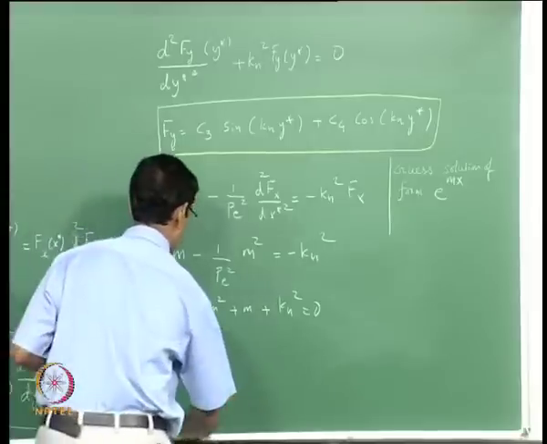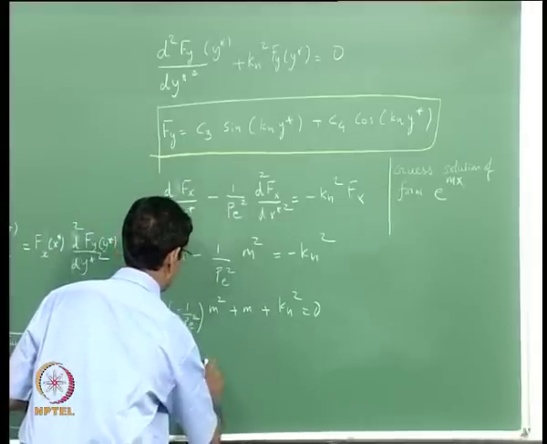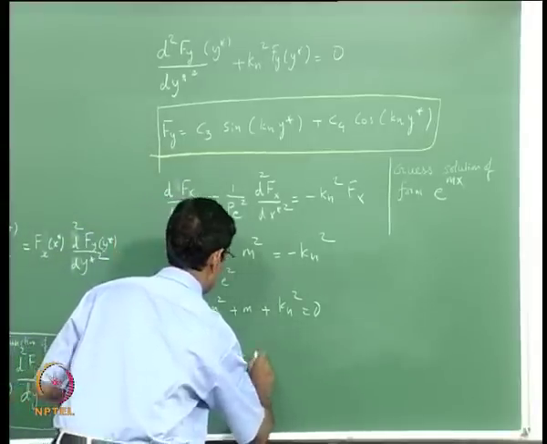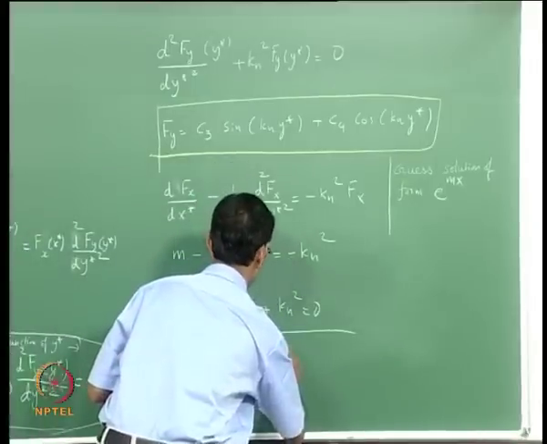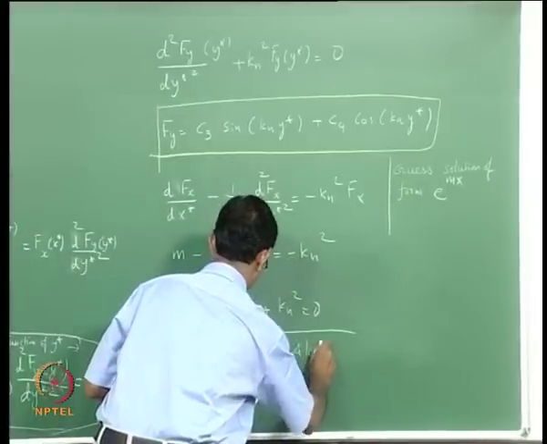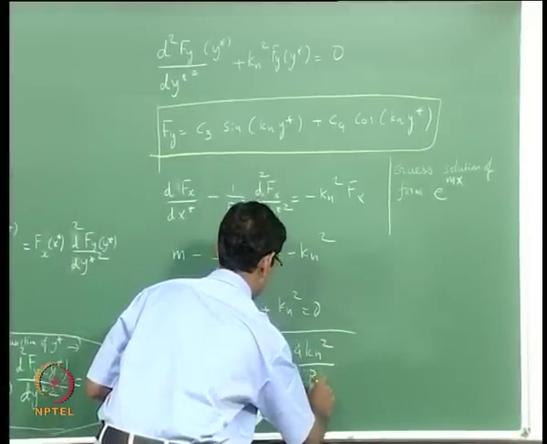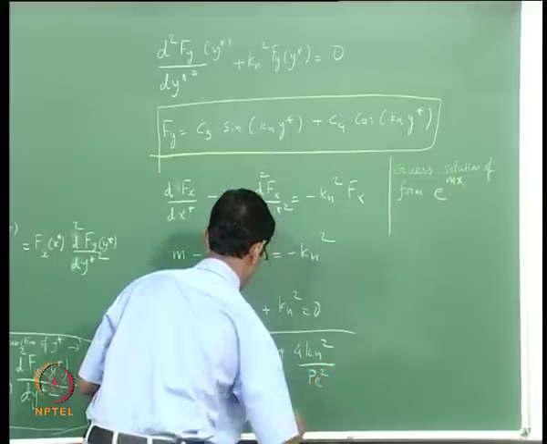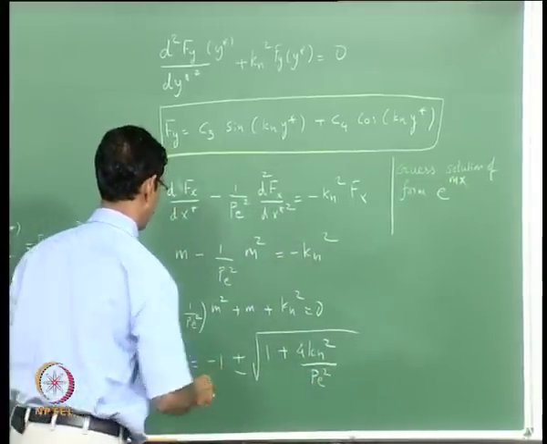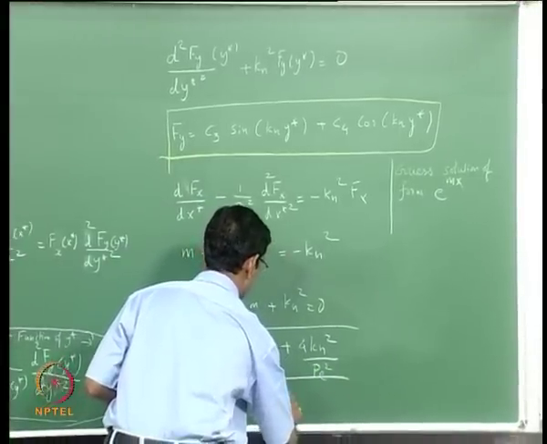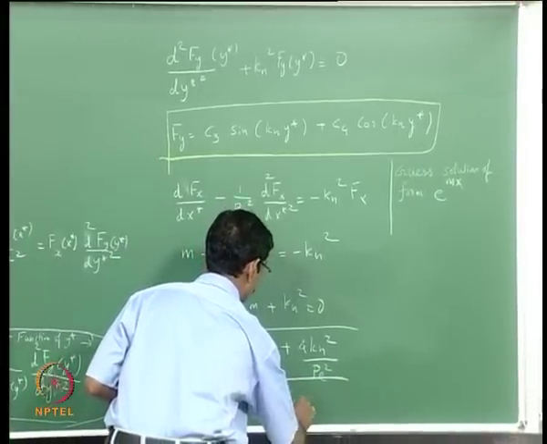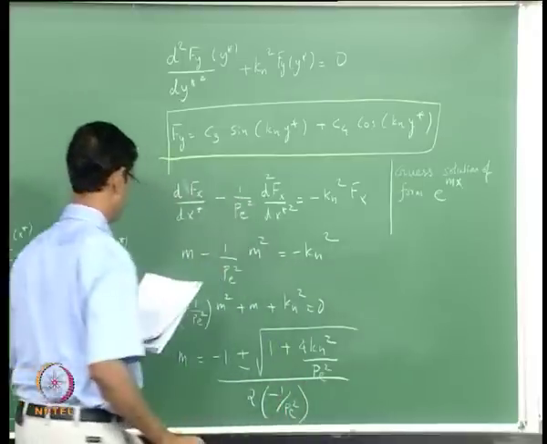So m equals minus 1 plus or minus root of b squared minus 4ac, so 1 plus 4 kn squared over p squared, divided by 2. I hope this is right.